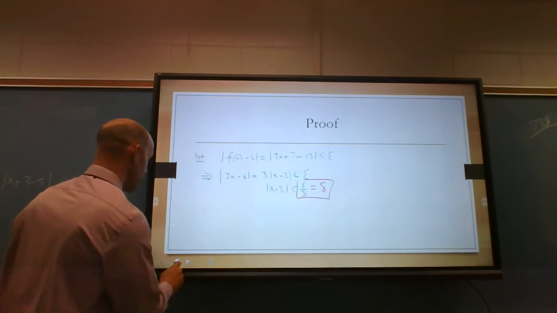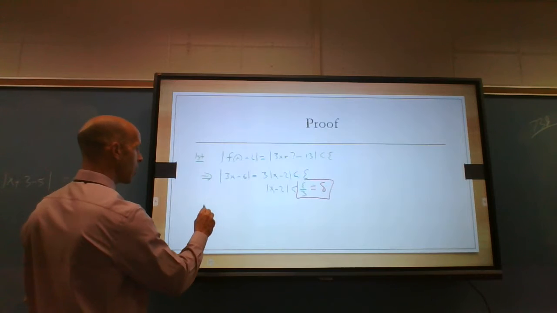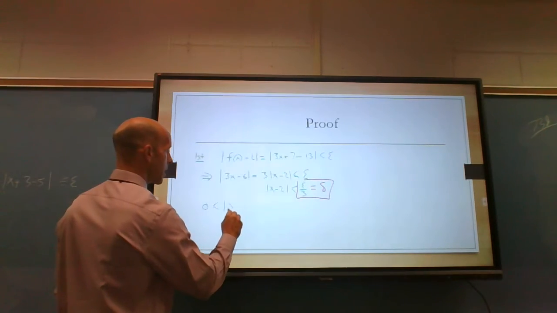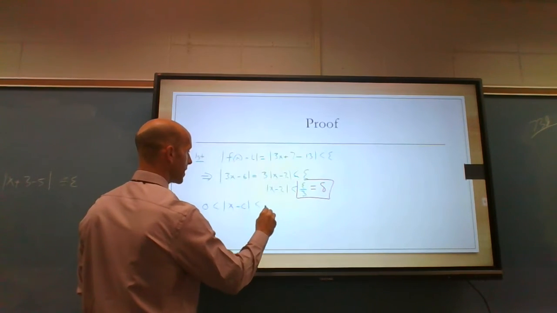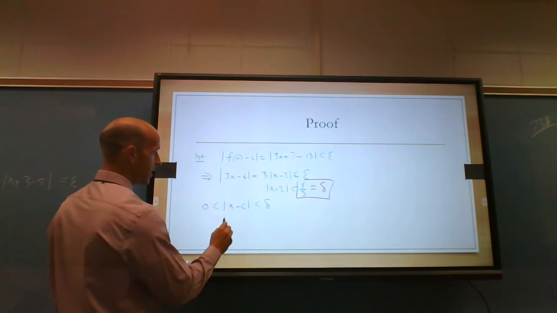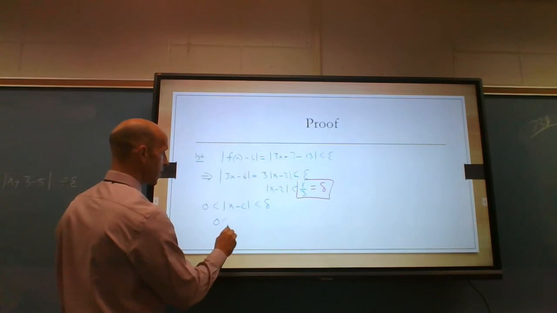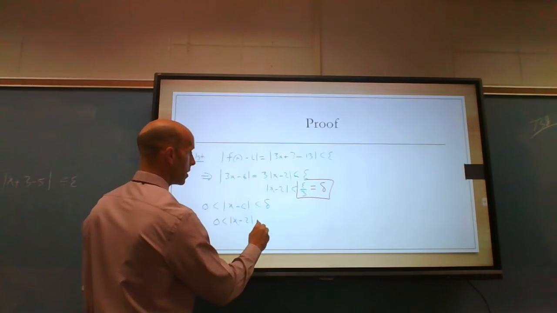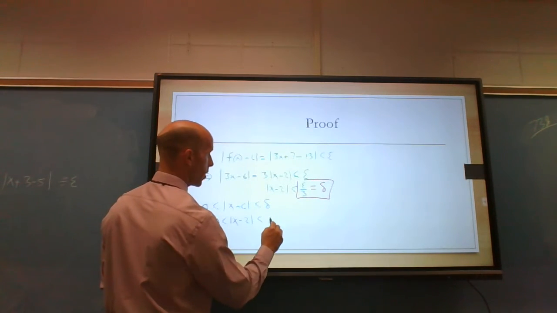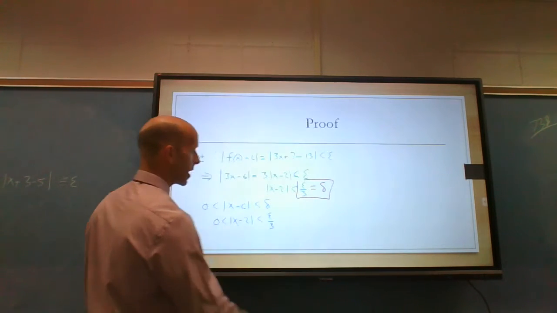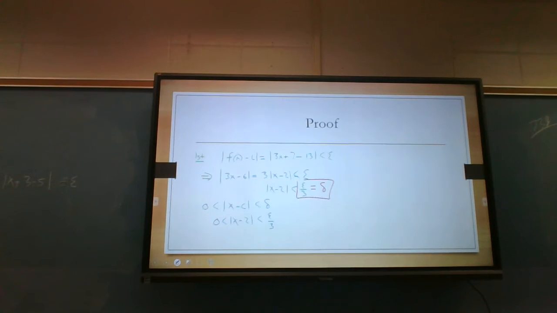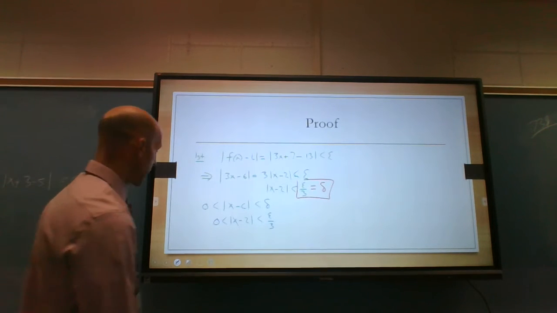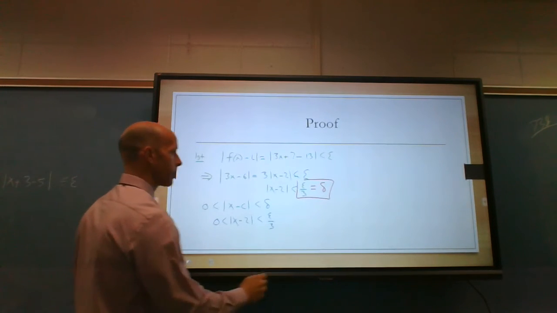So by the other inequality, 0 less than the absolute value of x minus c less than delta, and in this case c was 2, this is going to be 0 less than the absolute value of x minus 2 less than delta. And what is our delta here? Our delta here is epsilon over 3. So we know that's going to work. That's going to interchange. But let's go ahead and finish the proof.